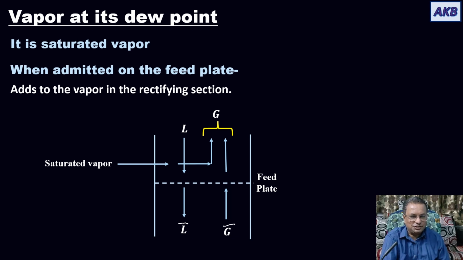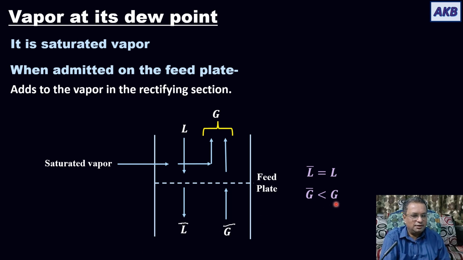Okay. So from the schematic diagram, now you can easily establish the relationship between L and L bar and then G and G bar. So in this case, L bar will be equal to L, that is, liquid flow rate in the stripping section is equal to liquid flow rate in the rectifying section. But vapor flow rate in the stripping section will be less than vapor flow rate in the rectifying section.